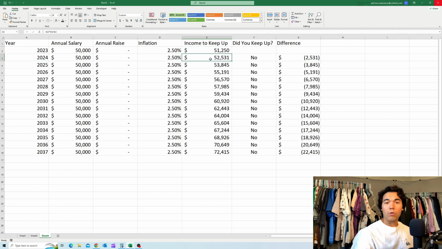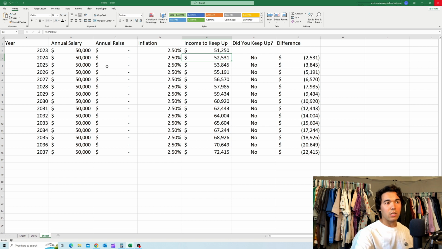Now, in order to have the same spending power that he previously did in 2023, he needs to be making $52,531. Because 51,250 is the new 50,000, and into 2024 now $52,530 is the same spending power as $50,000.